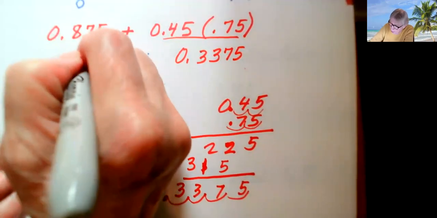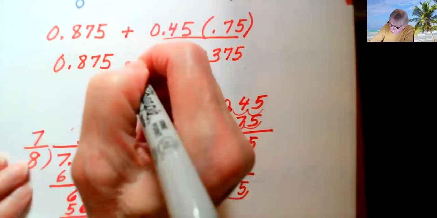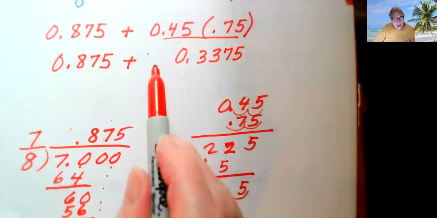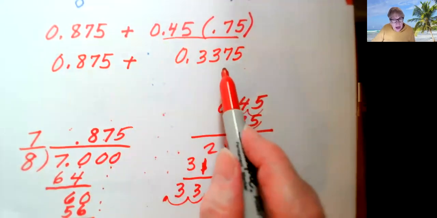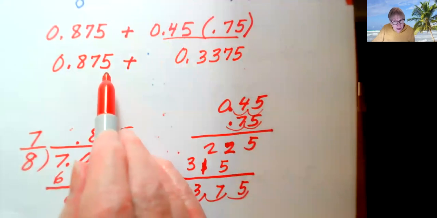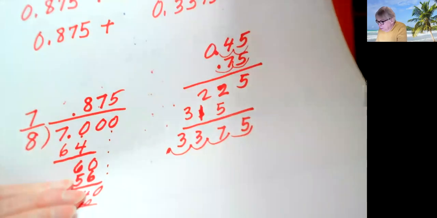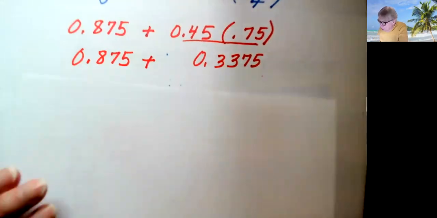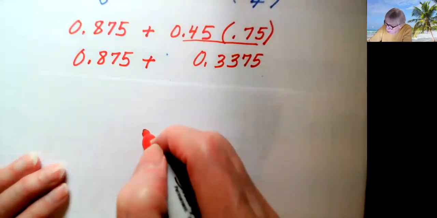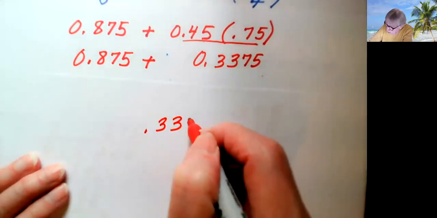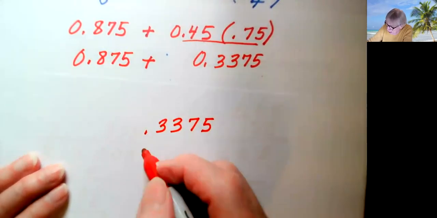This one, we divide it out. And the very last thing we do is to add the result of this as a decimal and this from our computation. So let me see if I can find a paper that would do this for us. I'm going to put this one first. It doesn't matter.